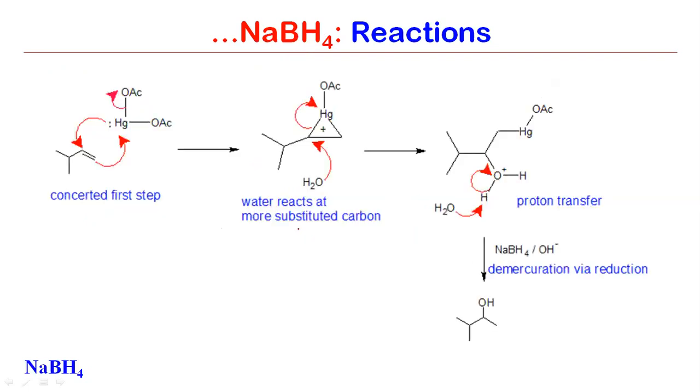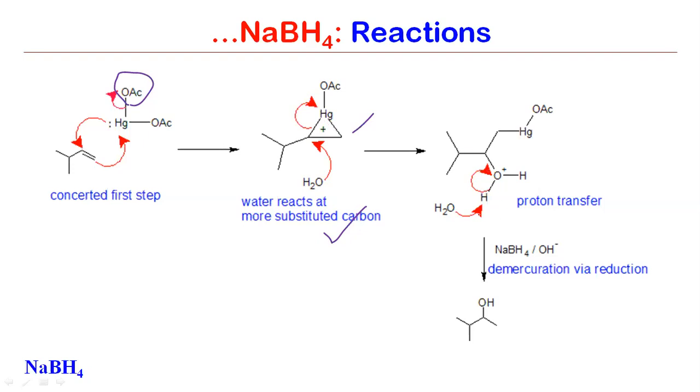If you want to know exactly what the mechanism is, you can easily see here that the alkene, which we have discussed earlier, generally undergoes addition on this mercury, eliminating the acetate ion, OAc, and we form this intermediate. Since we are adding a water molecule, this water will react with this cationic intermediate.